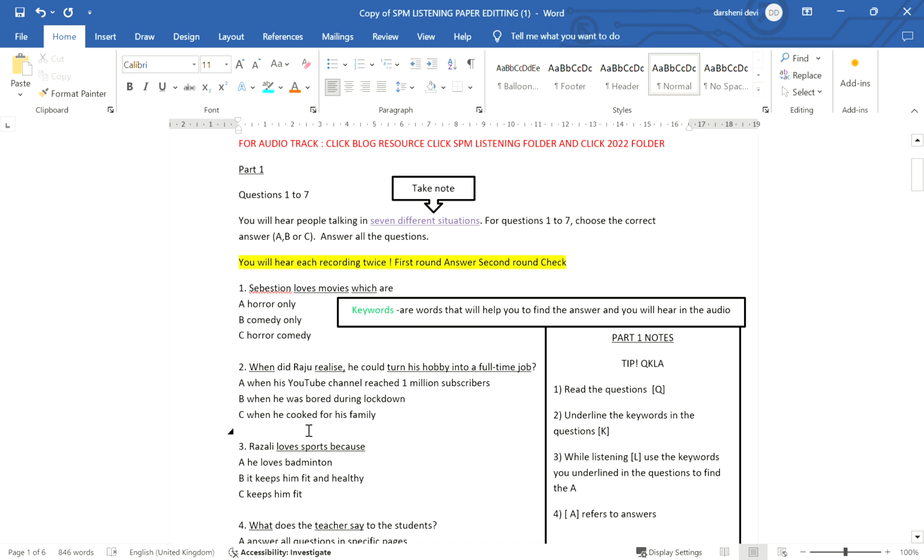Wait until the audio moves to question 2, then you move to question 2. But for the keywords, you better start earlier before the audio starts because you'll be given time to read the question. So when you read the questions, you immediately underline the keywords.